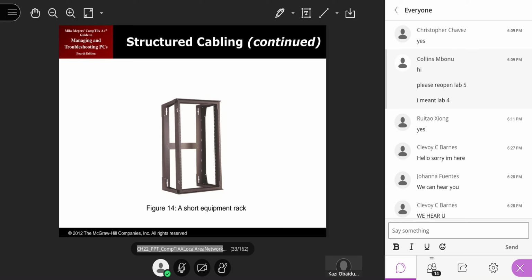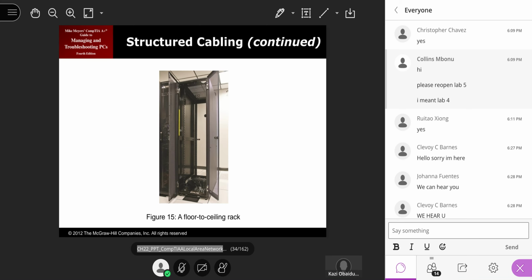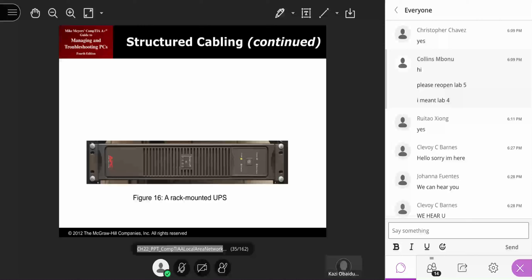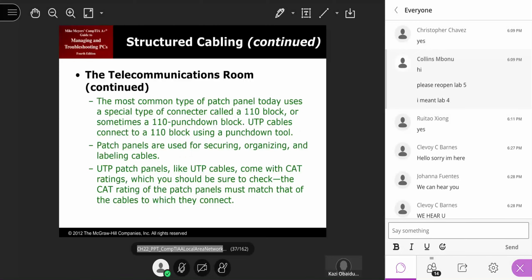So this is the rack, and then we can design it and keep the devices like this. A rack mounted UPS is there on the rack. I'm not going further, let's keep up to this.